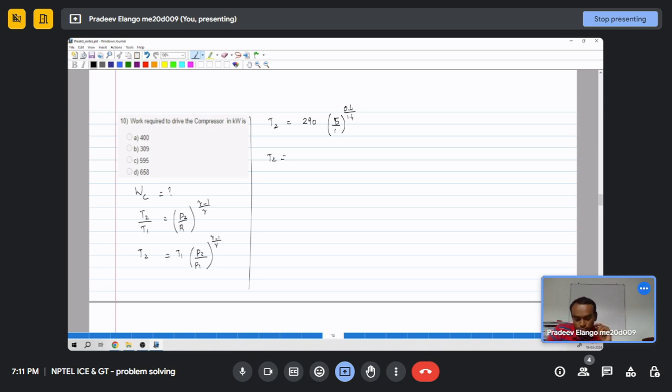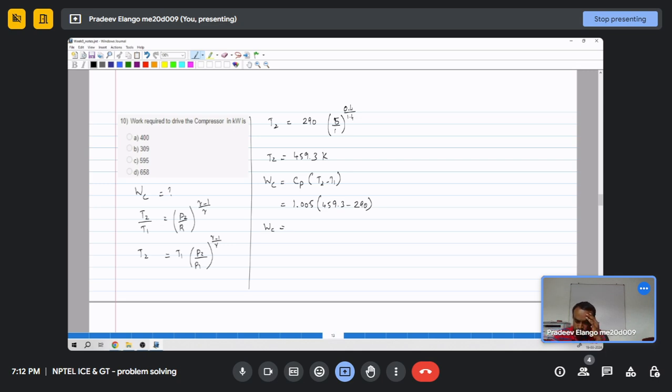What is T2? 459.3 Kelvin. Okay. Now compressor work is Cp into T2 minus T1. So that is 1.005 into 459.3 minus 290.